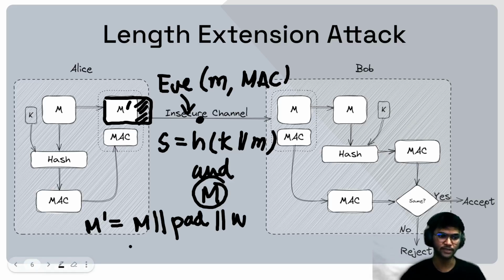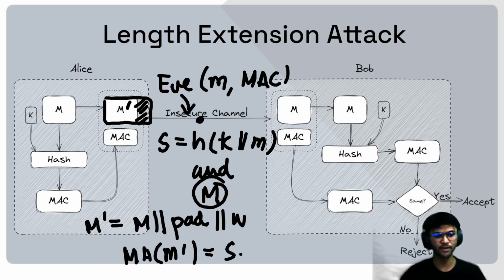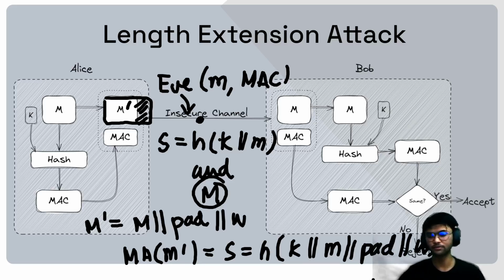Eve will now create a MAC for this M dash, which is basically using the signing algorithm or the hash function, which takes as parameter the key K concat the new M dash, which is M concat the pad concat the malicious word W. And this is done by supplying the hash algorithm an initial running state of the MAC, of the hash that we just received.